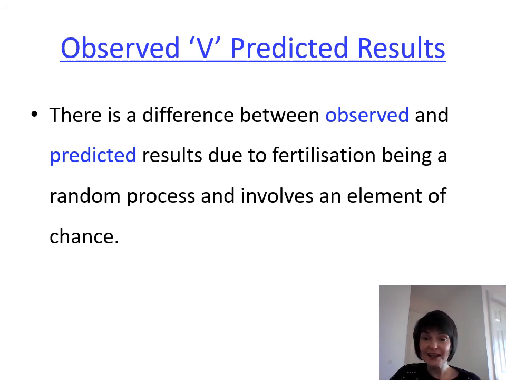And why is that? Because fertilization, whether you're a plant or an animal, relies on an element of chance, and it is a completely random process. So you do get different results observed versus predicted because fertilization is a random process.